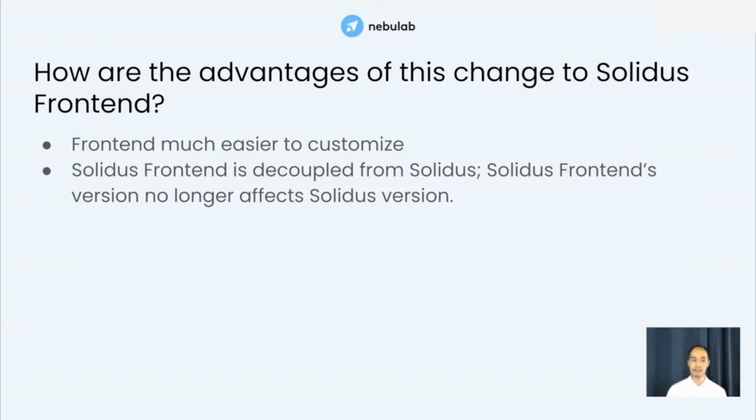At this point, if you look at the Solidus front-end gem, we haven't implemented a versioning scheme for it yet, because it's good enough to rely on the commit history to know the changes to Solidus Frontend.